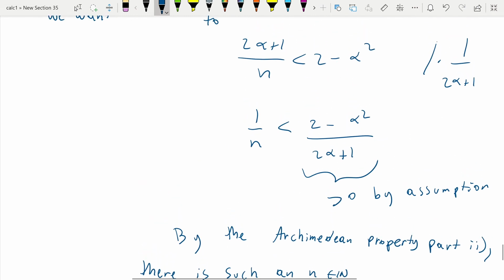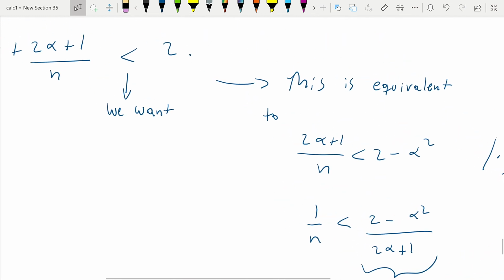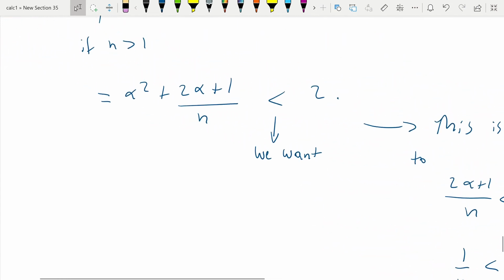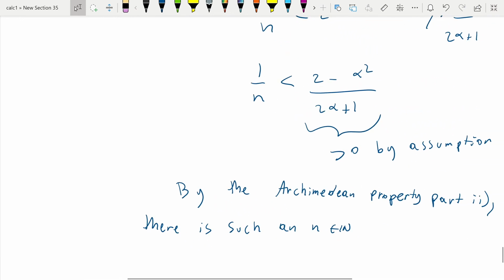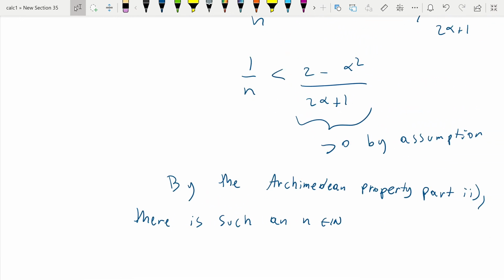Okay, so the Archimedean property guarantees that there is such an n, such that 1/n is less than this number here. So this is what we want, but we transformed everything into something we knew was true, and we cannot proceed like this, so we actually have to go back to the beginning.